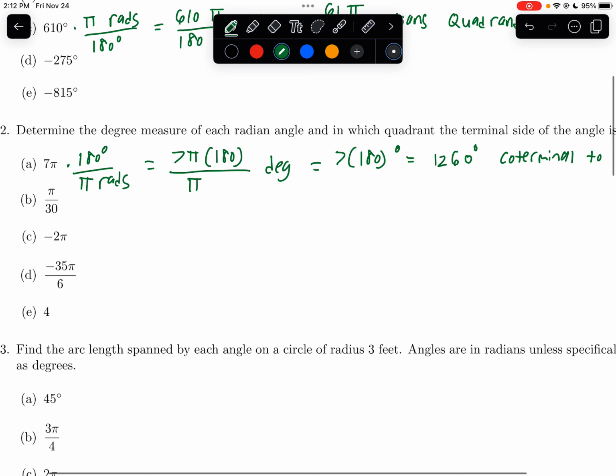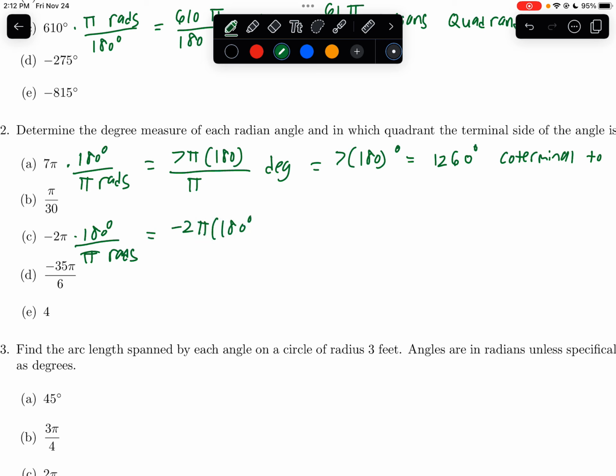Negative 2 pi multiplied by 180 degrees over pi radians, and this is negative 2 pi times 180 degrees over pi, and the units here should be degrees.